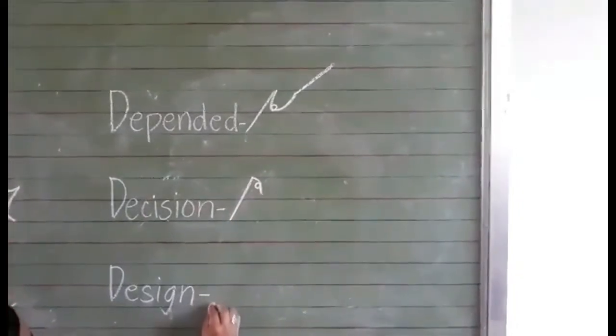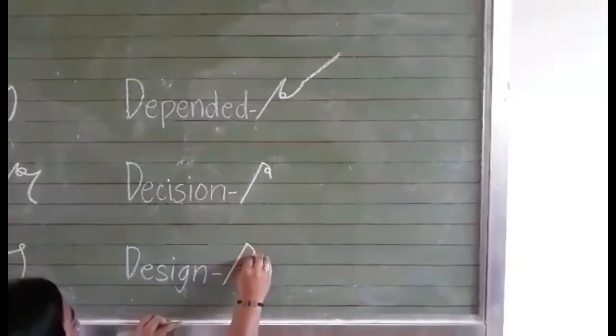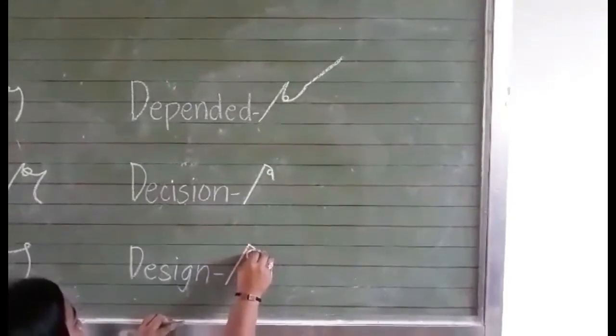Design is represented by de, followed by S, broken I, and N.